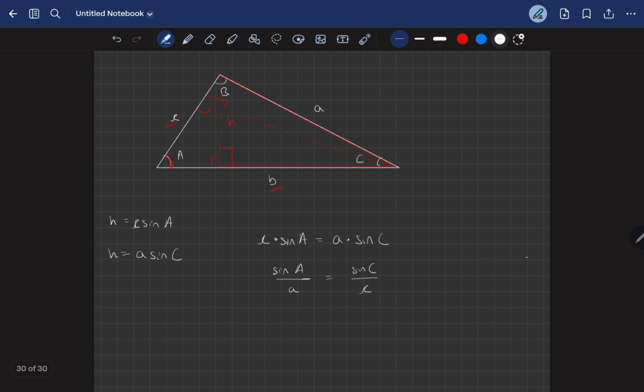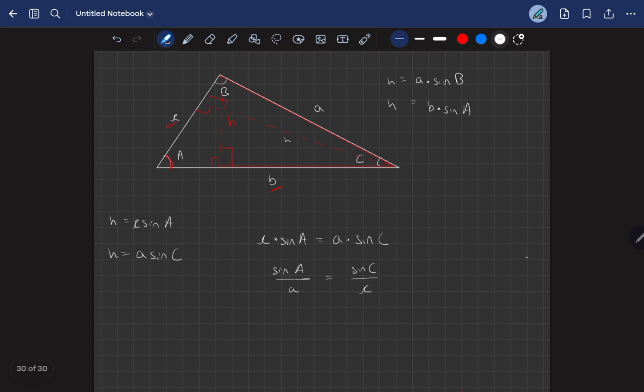This new h, which I've written in white, h is equal to a, because a is the hypotenuse, times sine b. If we look at the other side, it is the same as sine a times hypotenuse, which is b. So b times sine a. If we just rotate the triangle around, we can see this much more clearly.